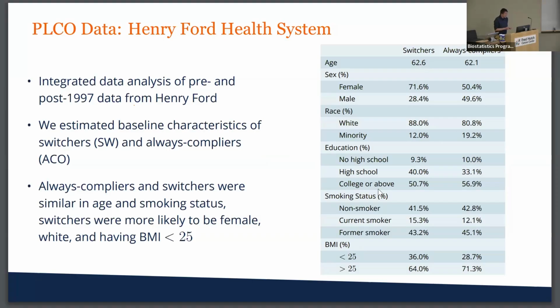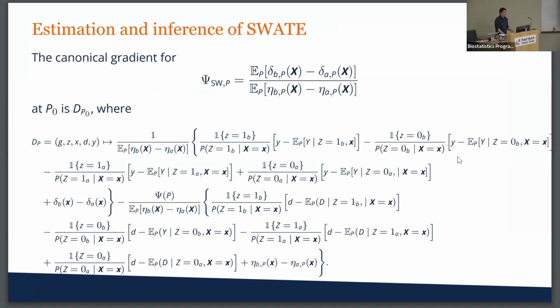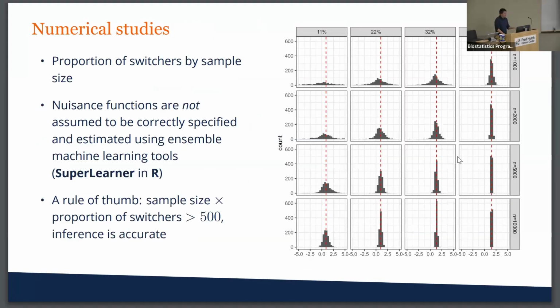When we estimated it, it turns out the switchers are pretty different from the population: they are more likely to be female, more likely to be white, and more likely to have a BMI smaller than 25. This describes the latent switcher population, estimated under the natural assumption and using our proposed estimator. I'll just say that for the switcher we derived an EIF, efficient influence function, based estimator.